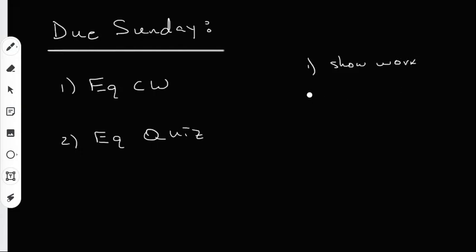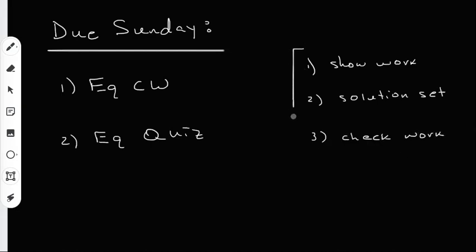I need to see what you're doing. The second thing you need to do is show your solution set. I need to see what answer you got. And then the last thing you need to do, of course, is check your work. I can't give you credit without all 3 of these. Okay. And that is it.